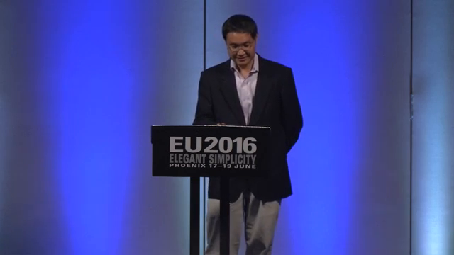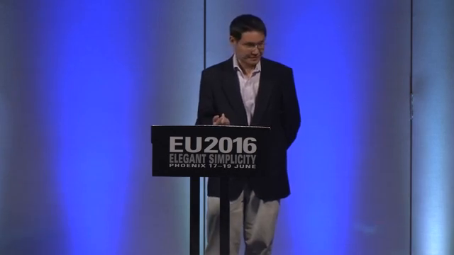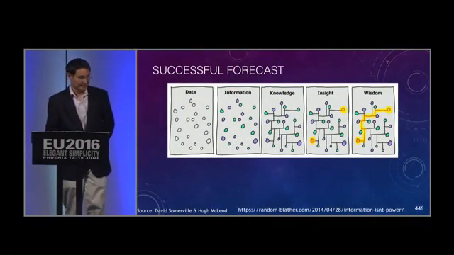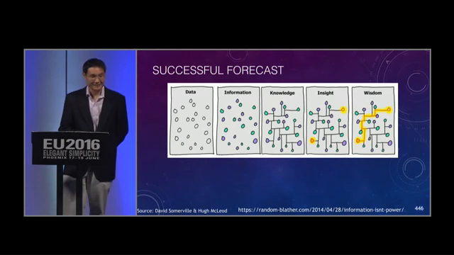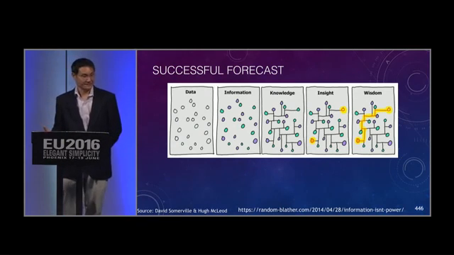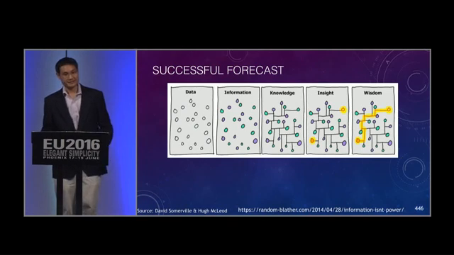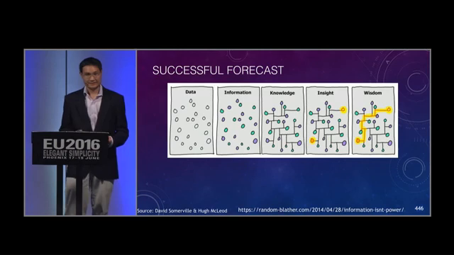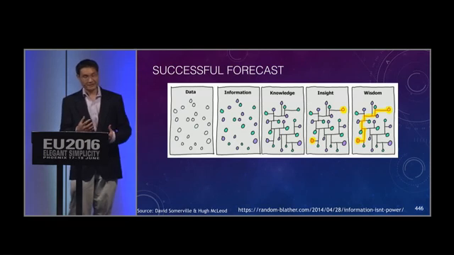So first, I would like to use the picture from David Somerville and Hugh McLeod about how we actually obtain some understanding of something. So we start with data. It's a collection of information, and we catalog it in a way that we can make some relationship between different data.